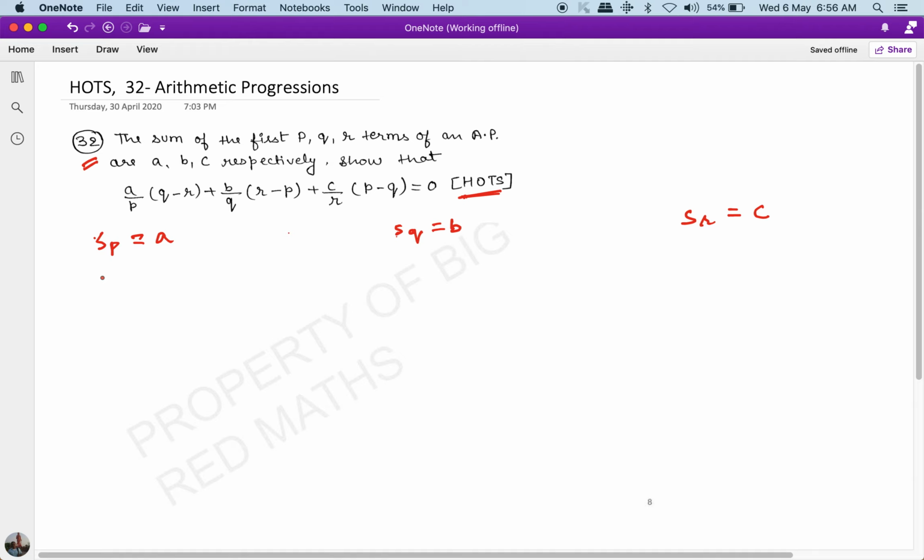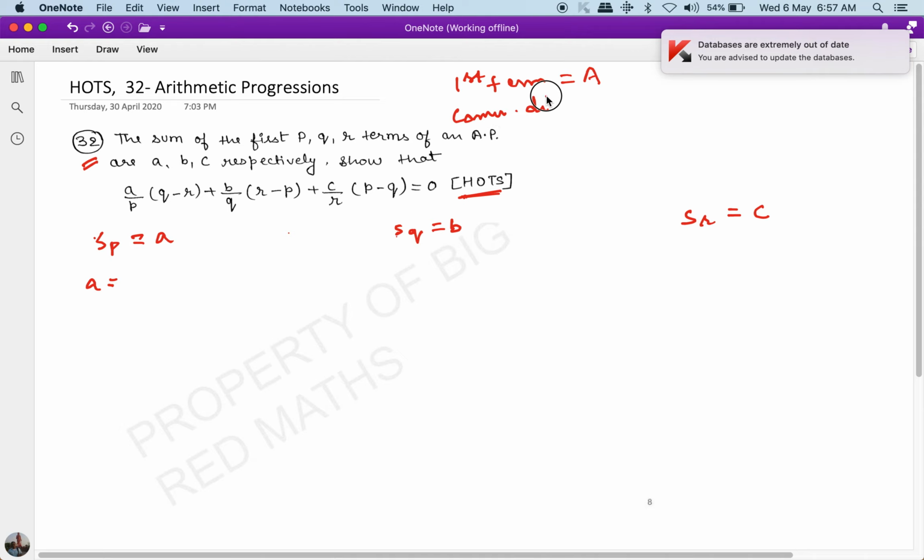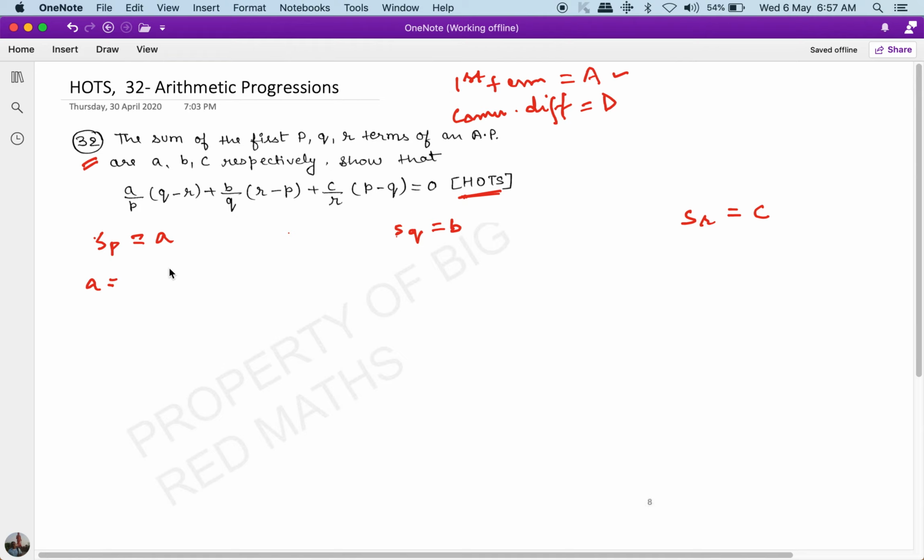So what this means is that, since A, B, C are being used here, let me put the first term as capital A and the common difference as capital D, just to differentiate between this A and that A. These are assumed values.